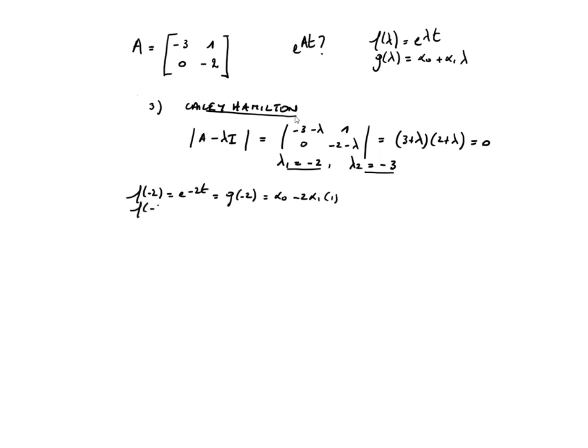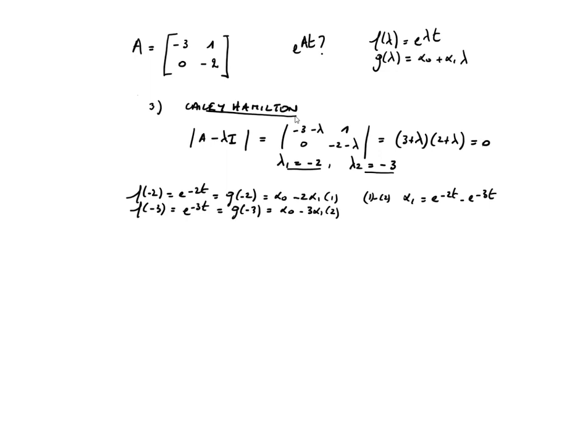We have a similar equation for the second eigenvalue: f of minus 3, e to the minus 3t, is equal to g of minus 3, and this is alpha 0 minus 3 alpha 1. Okay, so if we do 1 minus 2, we'll see that alpha 1 is e to the minus 2t minus e to the minus 3t, right?